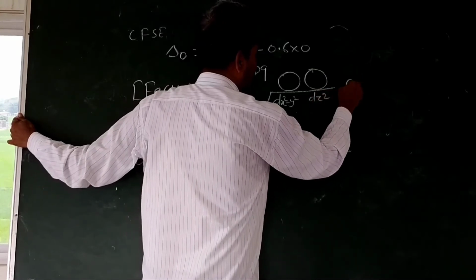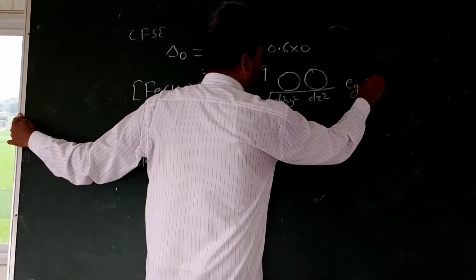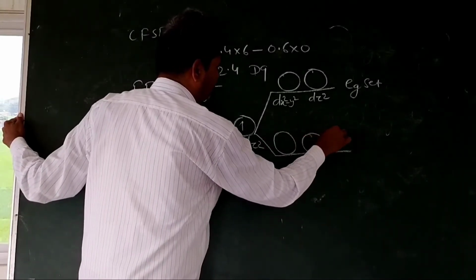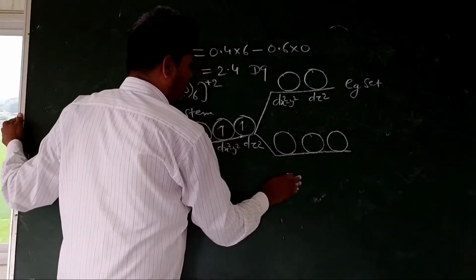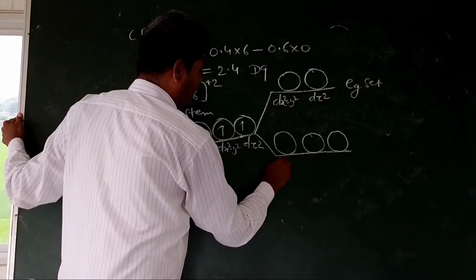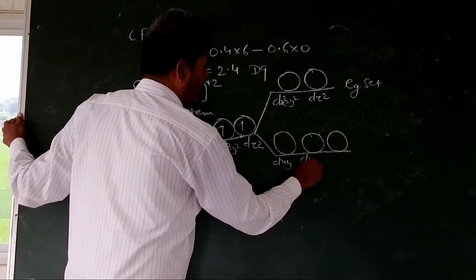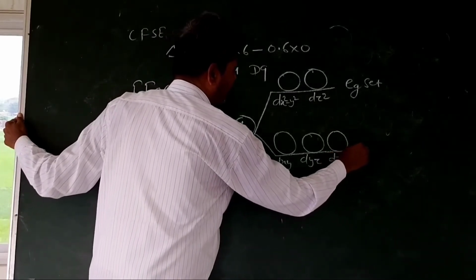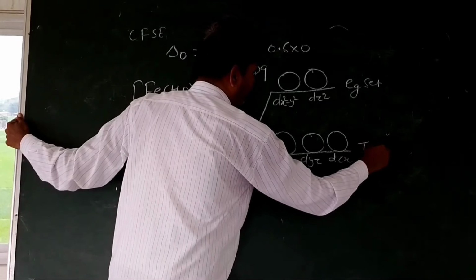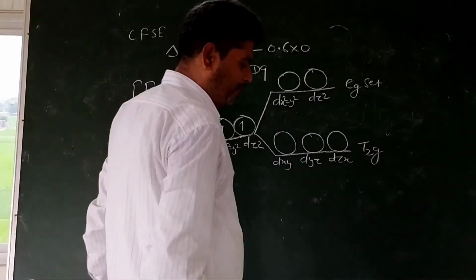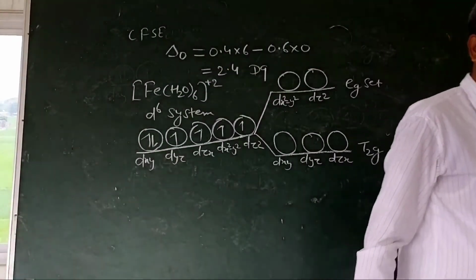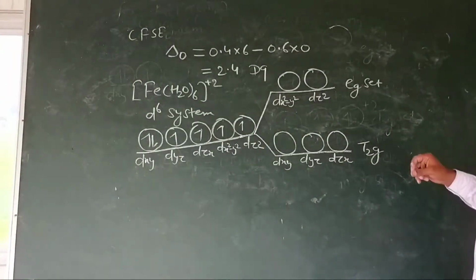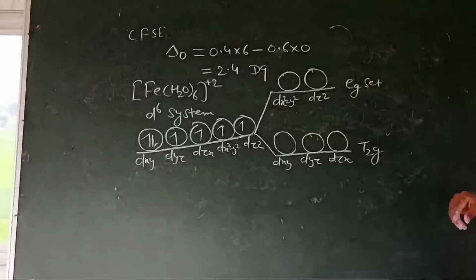gain the upper energy level, the EG set, and the non-axial orbitals will gain the lower energy level, that is the T2G set. After splitting of the orbitals, 6 d electrons are distributed between the EG and T2G sets.